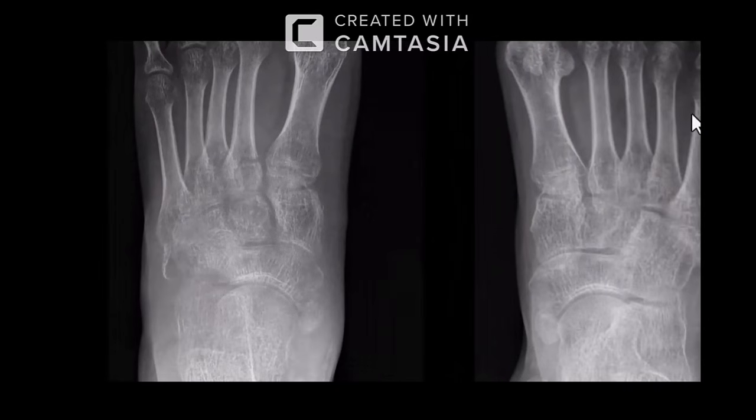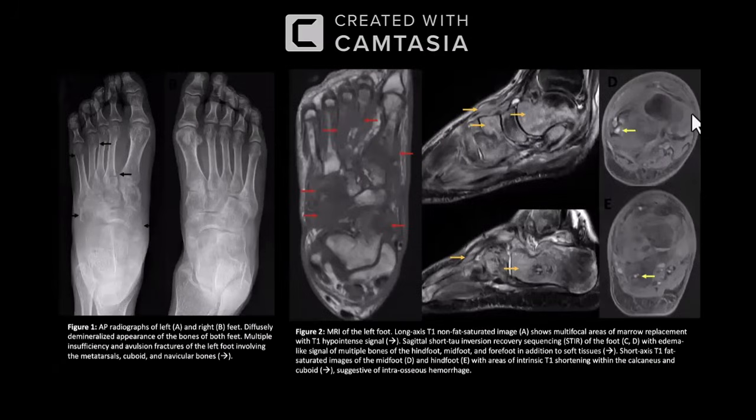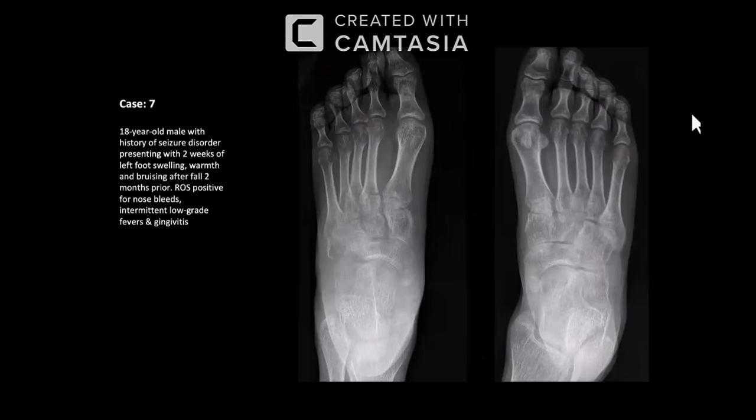Given the history of fall and also this low density within the bone, it could be disuse osteopenia. Another thing also, it could be a Charcot joint, but I cannot see any distension of the joints. I cannot see any debris.